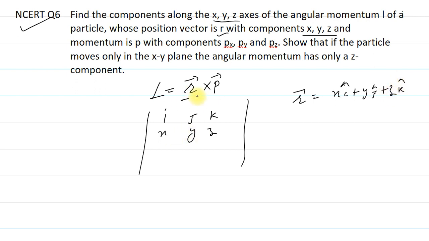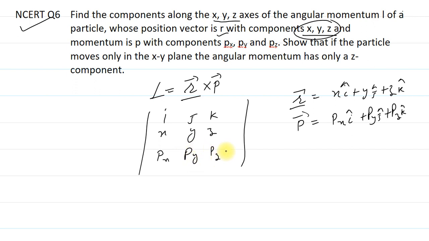So this is for r vector, the position vector with components x, y and z. Then this is the p vector, the momentum vector having components px i cap plus py j cap and pz k cap.